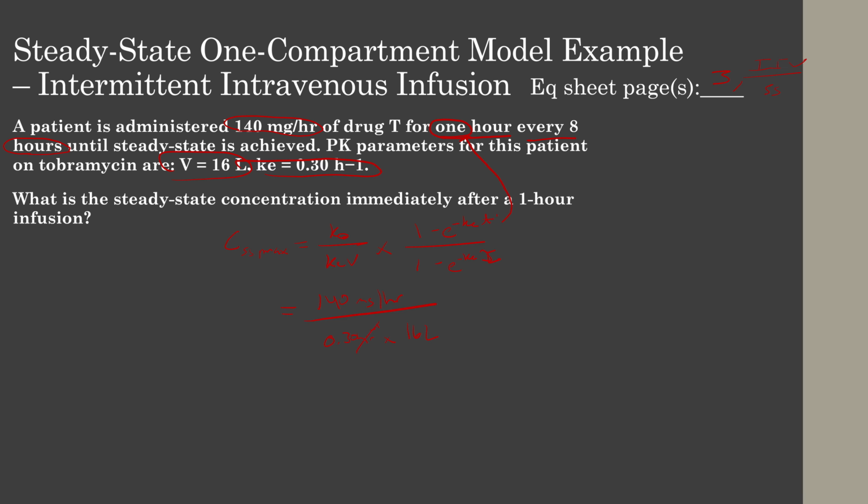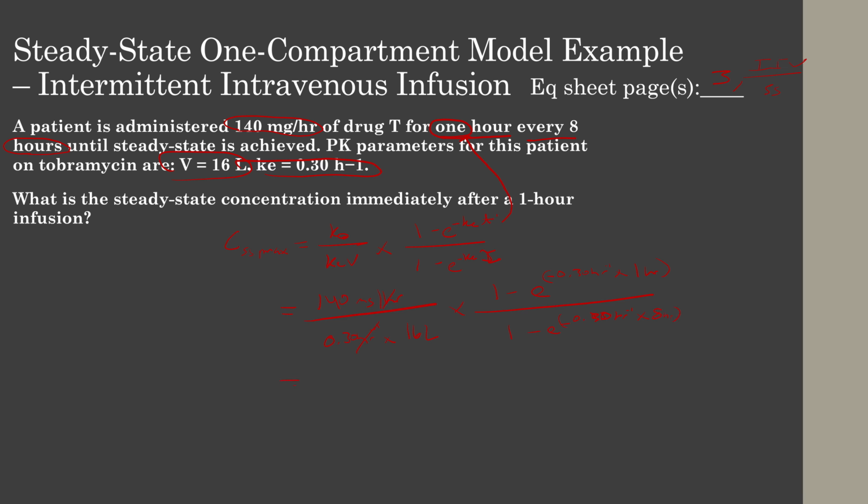All right, so your hours will end up canceling out, which makes sense because it's going to give us a concentration, times 1 minus e to the negative 0.30 hours to the negative 1, times T prime, which we learned was 1 hour, so just stick a 1 in there, over 1 minus e to the negative 0.30 hours to the negative 1, times, and what is the tau for this one? It is indeed 8.